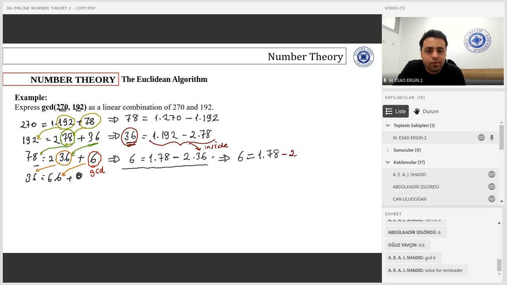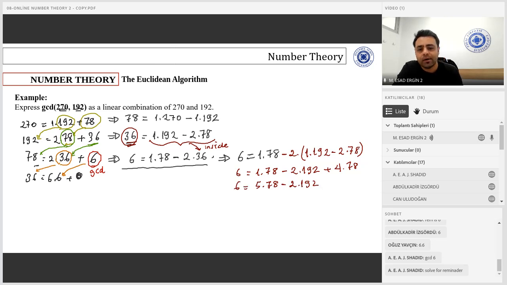So minus 2 times, what is the 36? 1 times 192, and minus 2 times 78. Now it is 6 equals 1 times 78 minus 2 times 192 and plus 4 times 78. 4 times 78 and 1 is here 5 times 78 and minus 2 times 192. It equals 6.